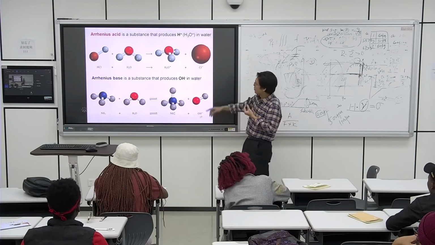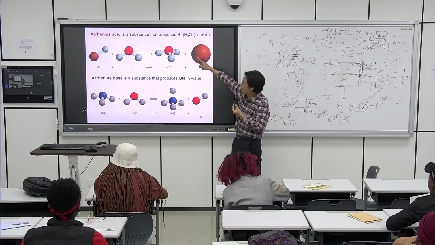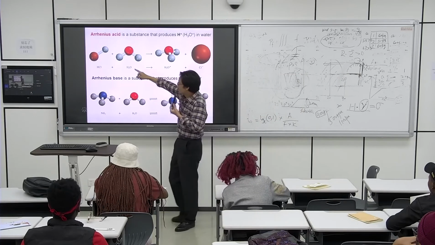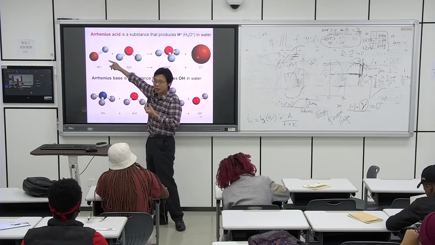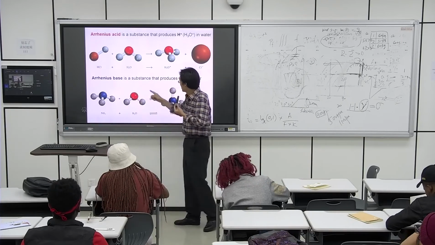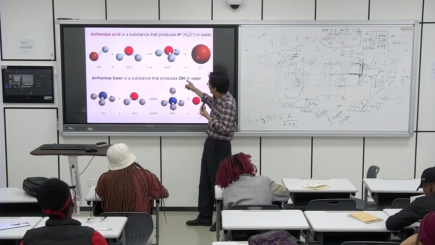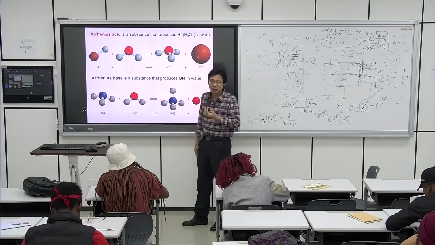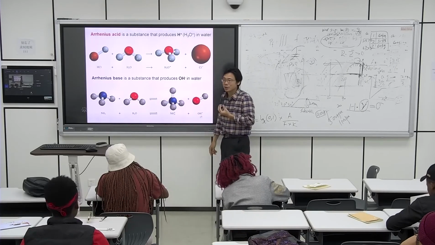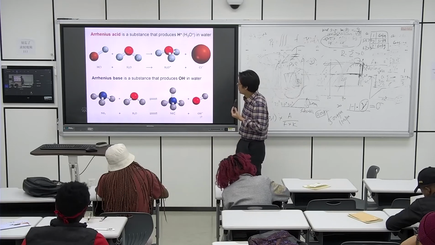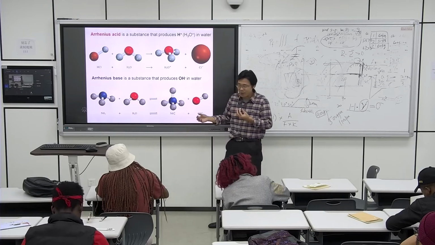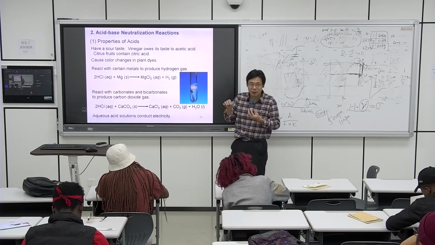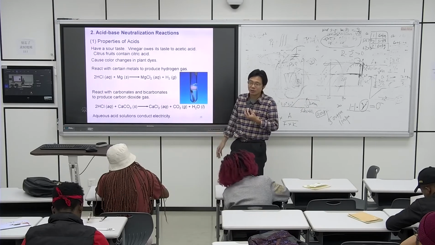Okay, just if we release hydrogen. Of course, the hydrogen can come from itself. Okay. For base, it releases this OH, but this comes from water. Okay. Because all the acids or bases are dissolved in water.